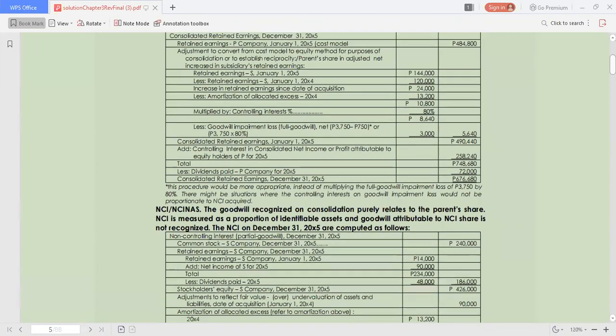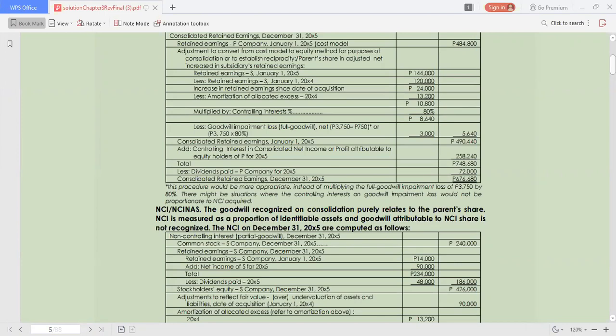The goodwill recognized on consolidation purely relates to the parent share. NCI is measured as a proportion of identifiable assets, and goodwill attributable to NCI share is not recognized. The NCI on December 31, 20x5 are computed as follows.